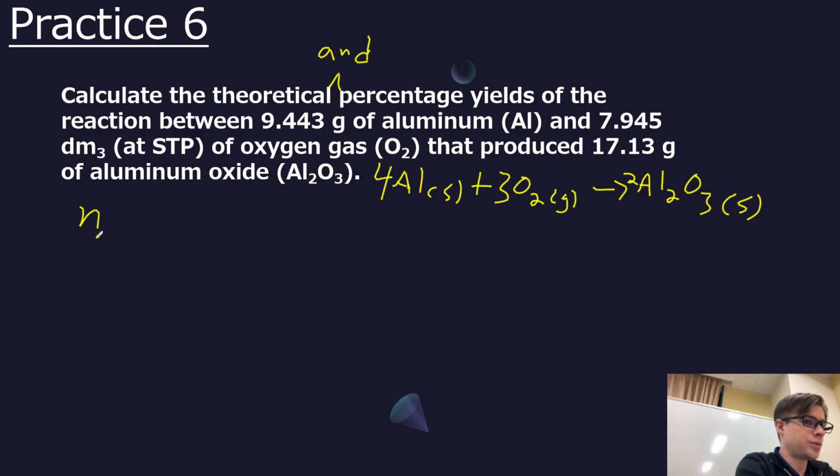We want number of moles of whatever we can find. So aluminum, mass over molar mass. This is 9.443 grams, divided by the molar mass of aluminum from the periodic table, 26.98.